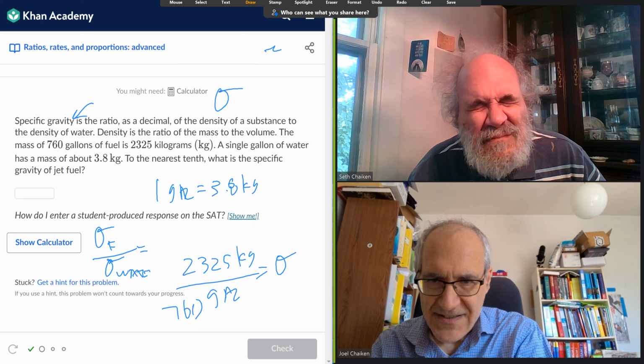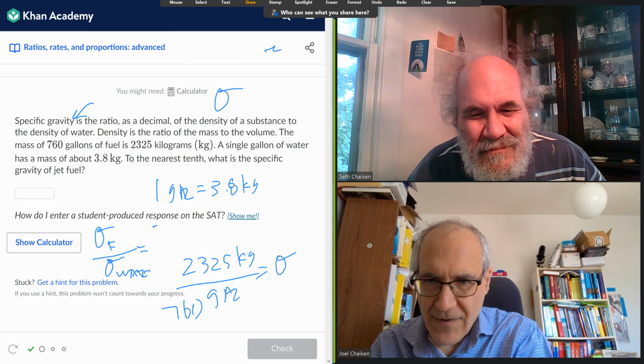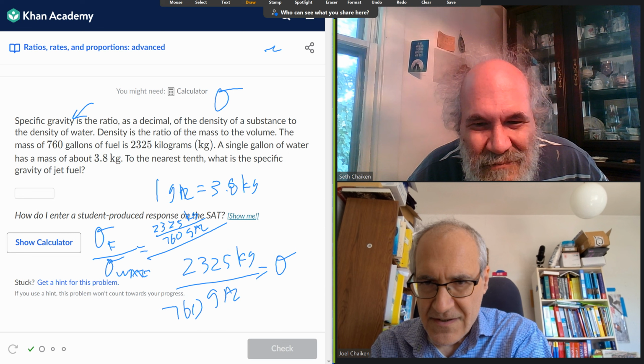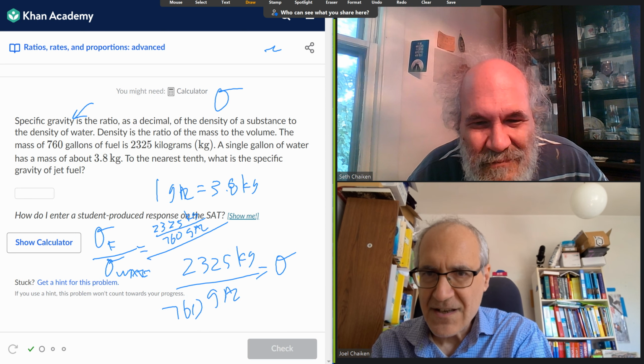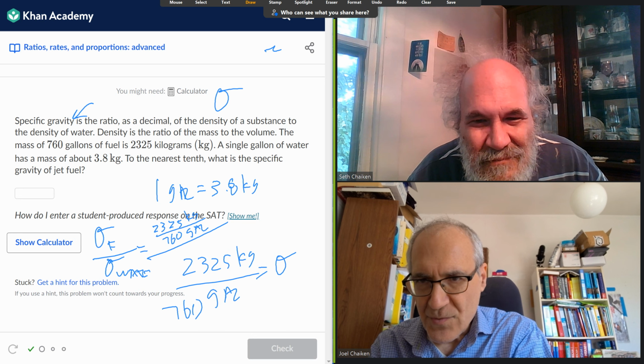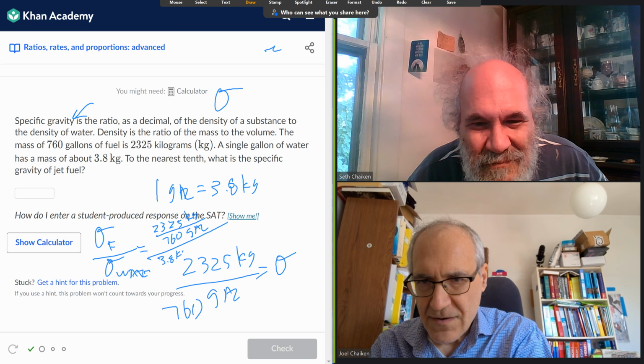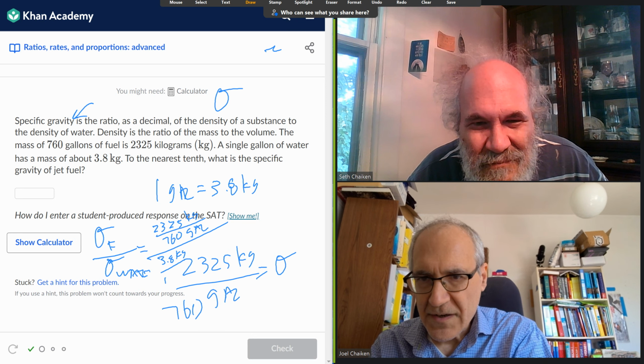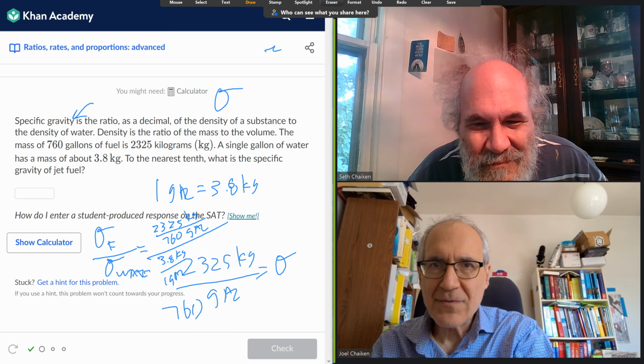They gave us the density of the fuel, which I'll write neatly, 2325 kilograms per 760 gallons, divided by the density of water. Density of water is 3.8 kilograms divided by 1 gallon. And we have to erase some stuff.